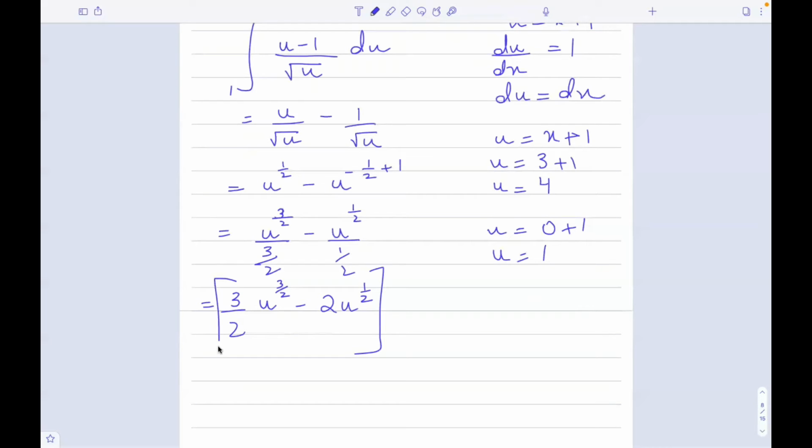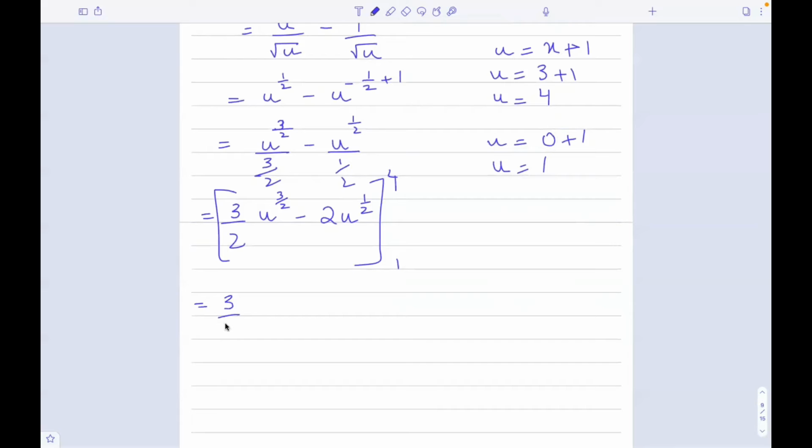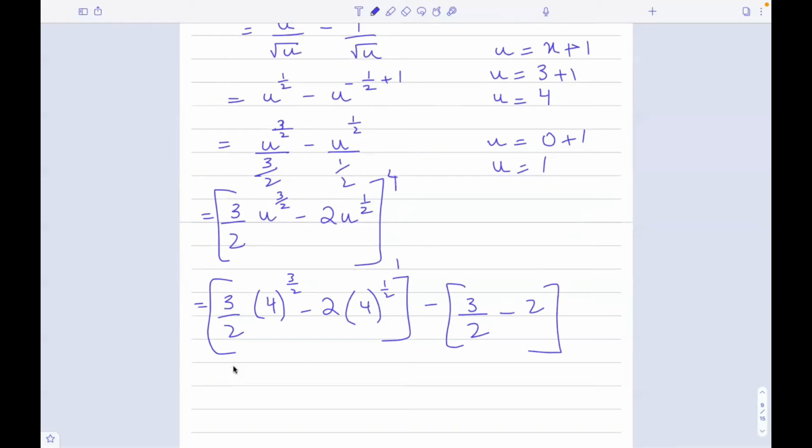Now applying the limits, which are 4 and 1, we get 3 upon 2 multiplied by 4 to the power 3 upon 2 minus 2 multiplied by 4 to the power 1 upon 2, minus substituting the lower limit, which is 1, we get 3 upon 2 multiplied by 1, which is 3 upon 2, minus 2 multiplied by 1, which is 2.